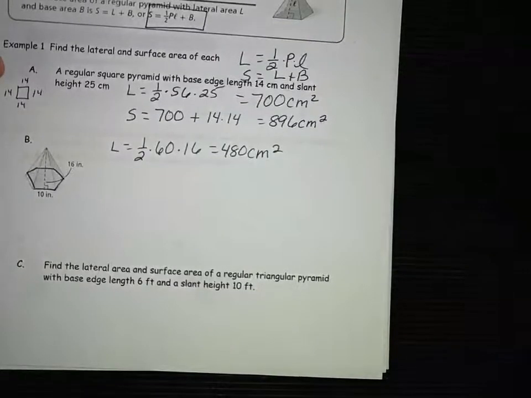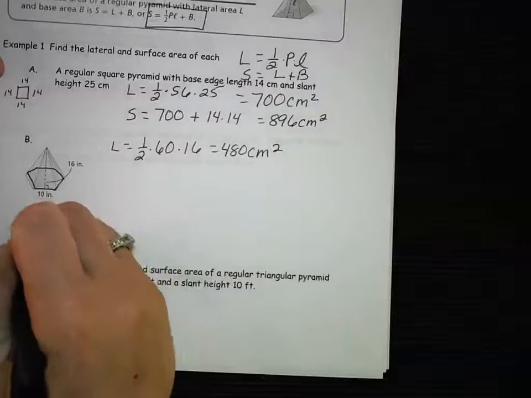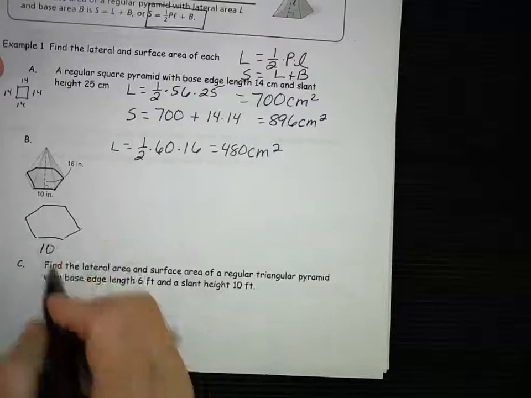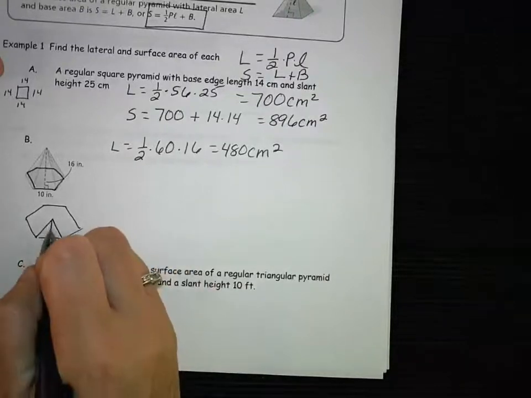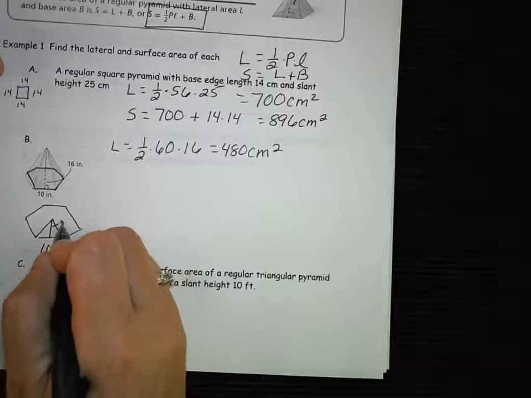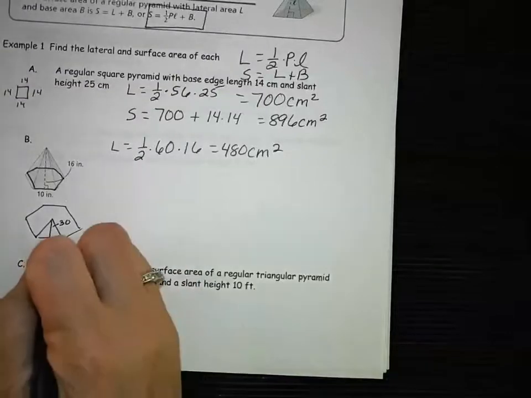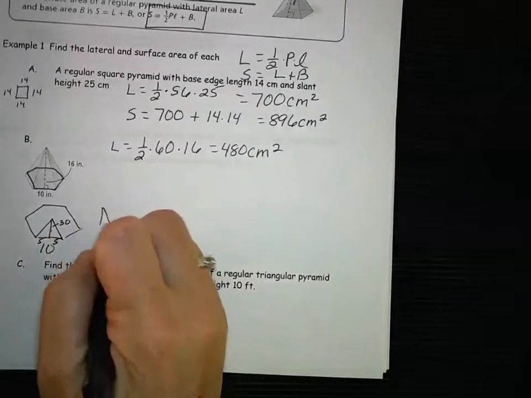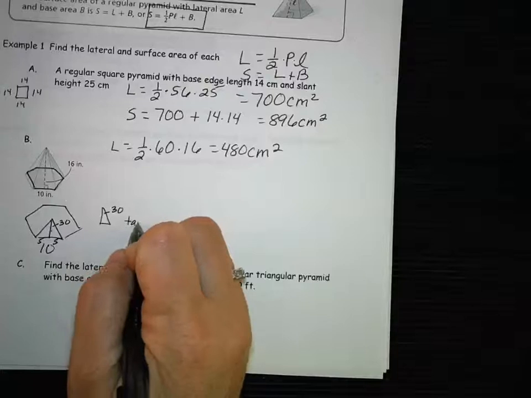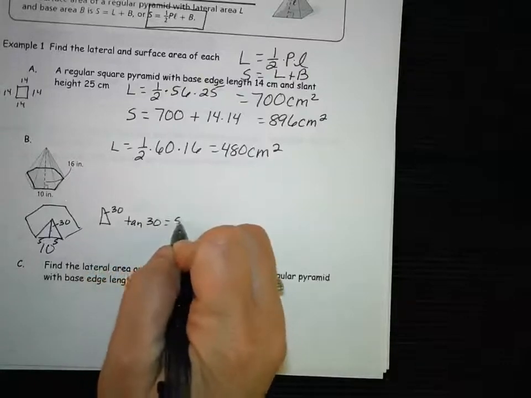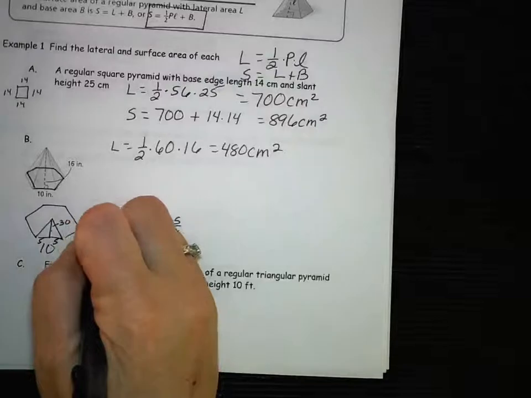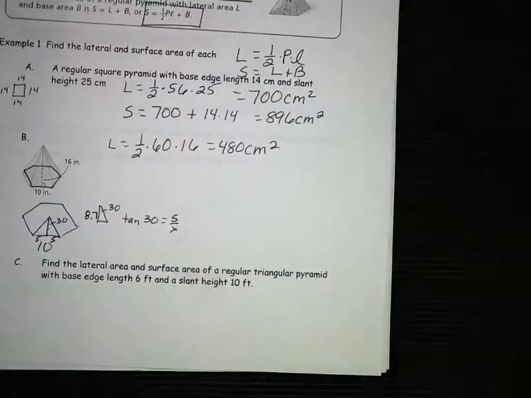And now to find the surface area, we need to add the area of this hexagon. And we know this is 10. 360 divided by 6 is 60. That one is 30. That angle is 30, and this is 5. So we will have the tangent of 30 equals 5 over x. And when we do 5 divided by tangent of 30, I'm going to call that apothem 8.7.